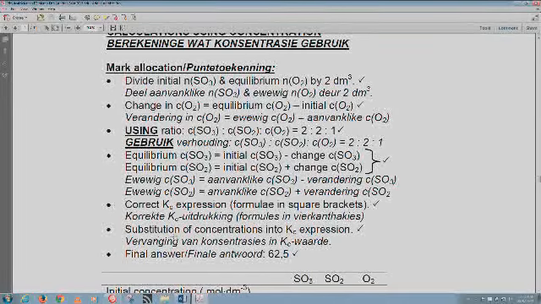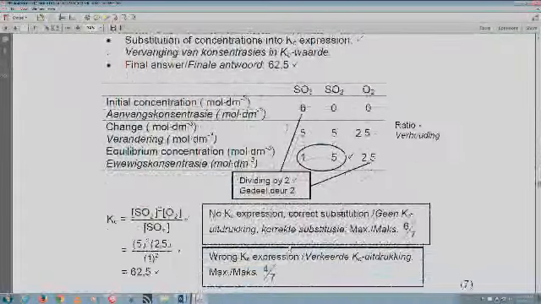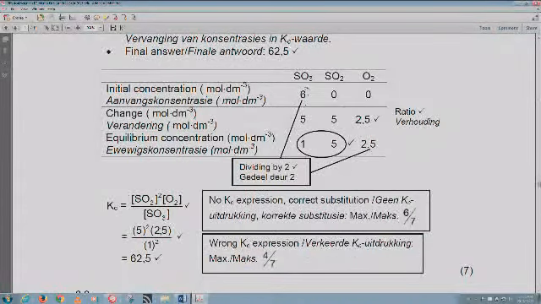The sixth mark is for substitution of concentration into the Kc expression, and the final answer there must be 62,5 there. So what we are saying here, the first mark, remember this was 12, so for dividing the 12 by 2 to give the 6, and for dividing the 5 there by 2 to get the 2,5.